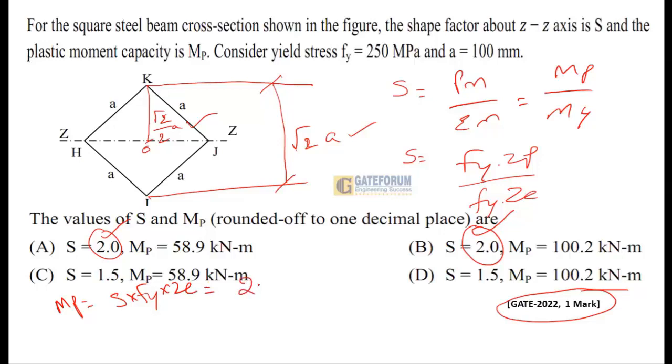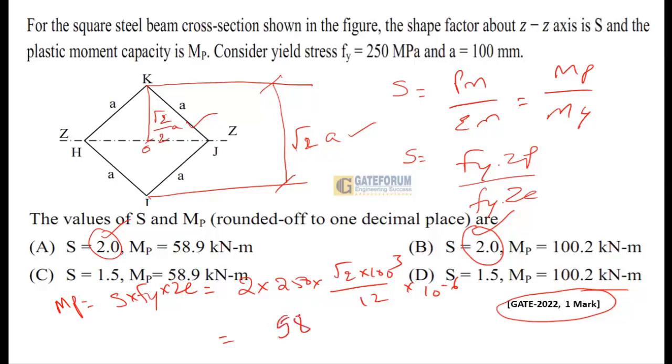That is, S is 2, Fy is 250, into ZD. ZD is taken as root 2 into a cube, 100 cube by 12, into 10 power minus 6. So 2 into 250 into root 2 into 100 cube by 12 into 10 power minus 6.